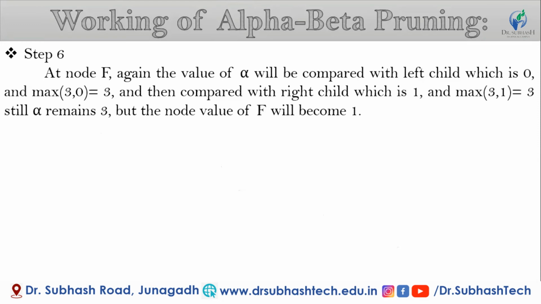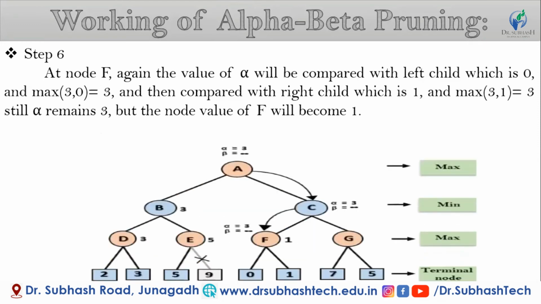Now we have seen step number 6 at node F. The value of alpha will be compared with the left child, which is 0, so max of 3, 0.